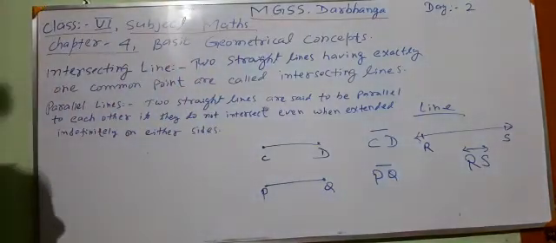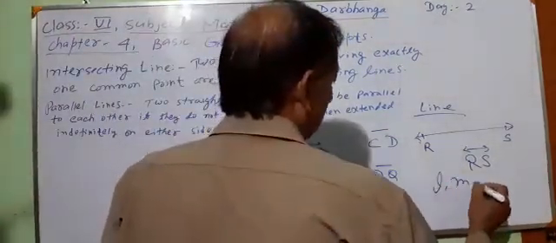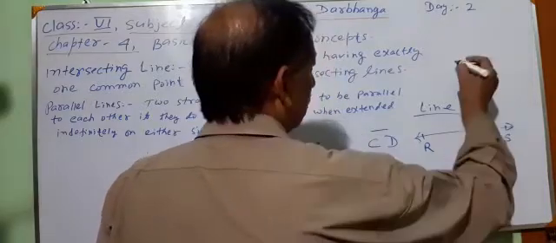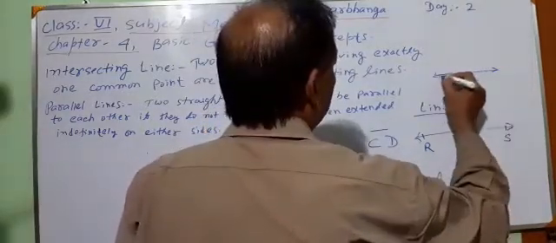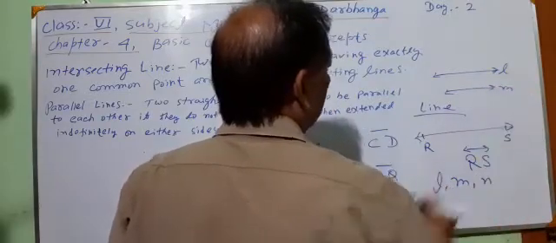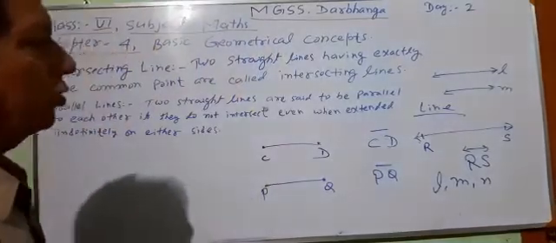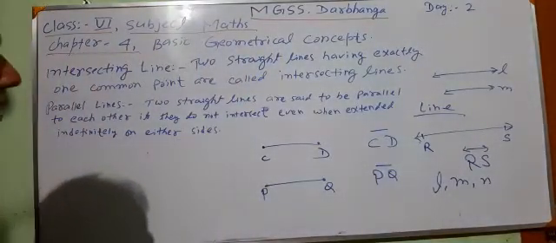We shall read it as line RS. A line is also represented by small letters l, m, n, etc. Suppose we represent it as line l, and this is line m. A line should never be represented by a single capital letter.